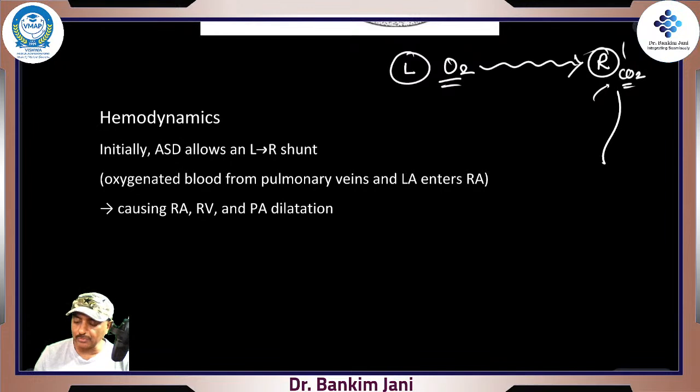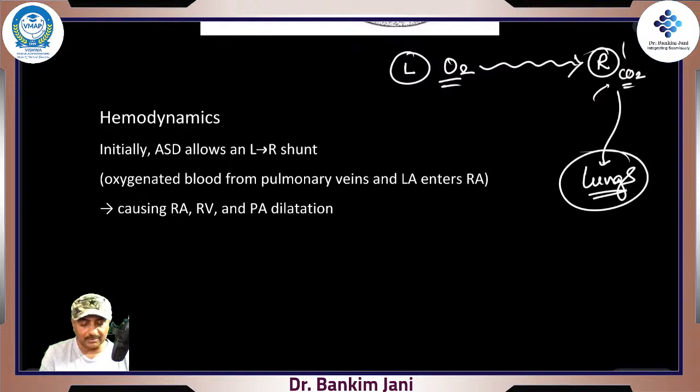As such, it is to be sent to lungs. So now more blood is reaching the lungs, and also oxygenated blood from pulmonary veins and left atrium enters right atrium, right? Because that's what we said. This is the oxygenated blood which is going on the right side.